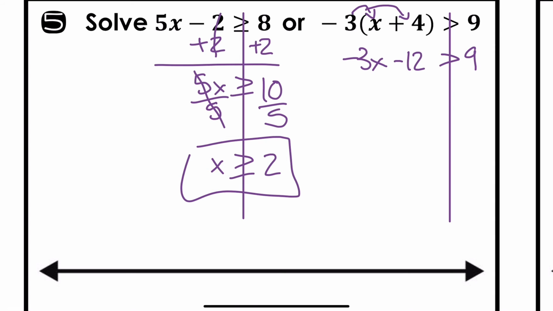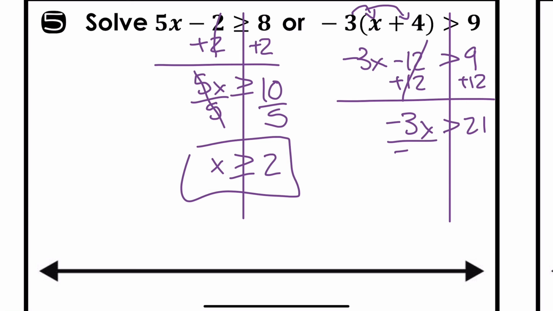Okay, so let's see. We have negative or minus 12 here. So to get rid of that, I'm going to add 12 to both sides. Okay. Negative 12 plus 12 is going to be 0. So we got negative 3x is greater than 9 plus 12. That is 21. All right, still on x alone. So I see a negative 3.